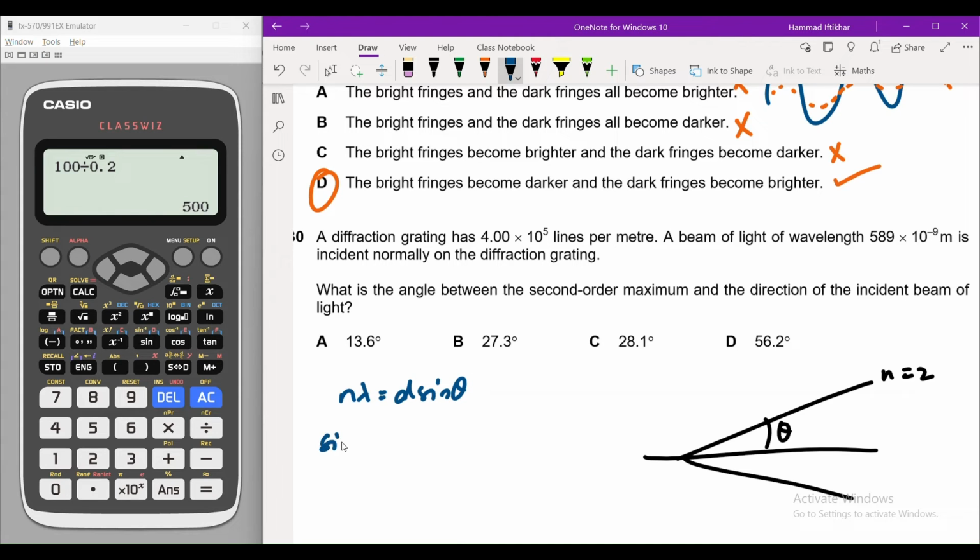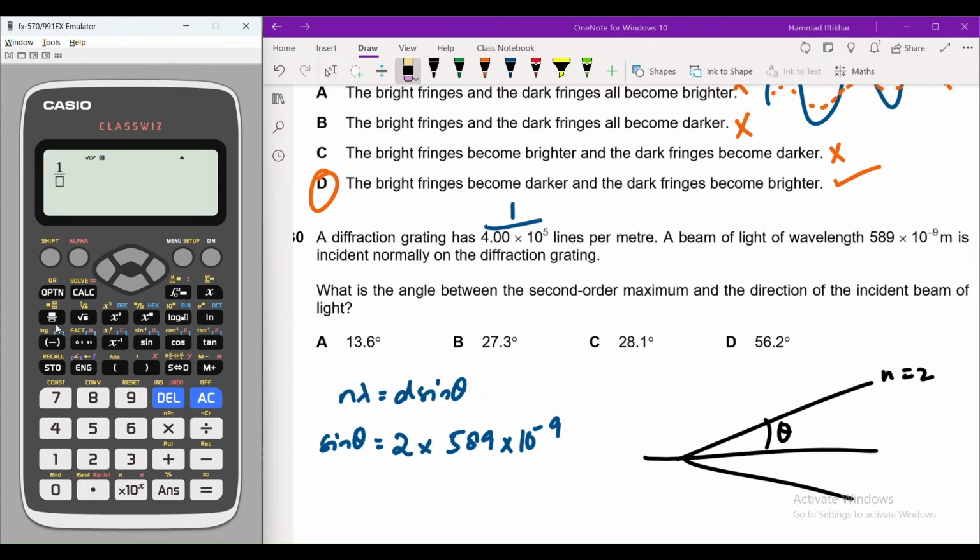We need to find sine theta first: n lambda divided by d, so 2 times 589 × 10^-9, divided by d, which is, oh, this is the lines per meter. We need the line spacing. So 1 divided by that would be the answer. So 1 divided by 4 × 10^5. So that's this value. Well, I'll just keep that as it is.